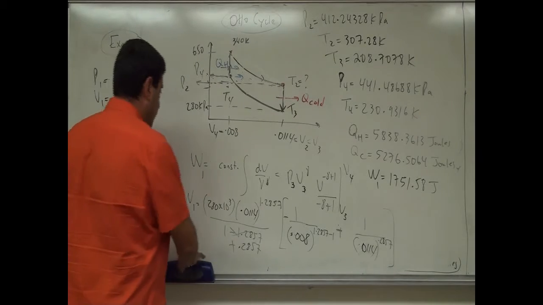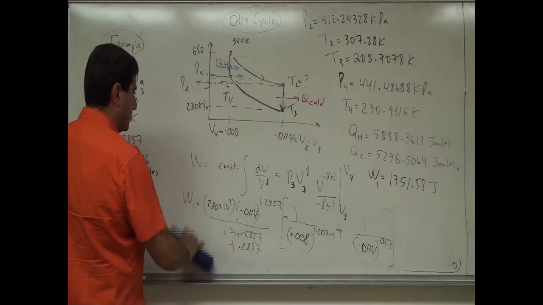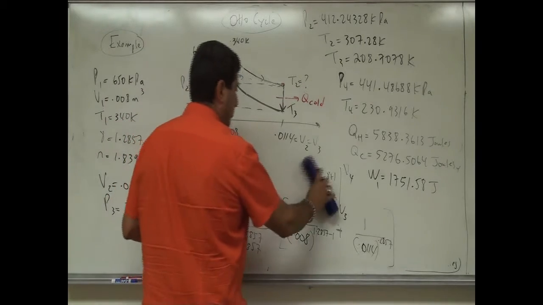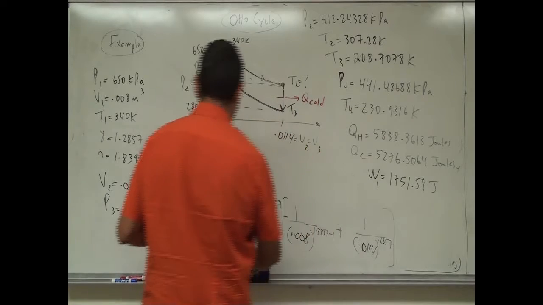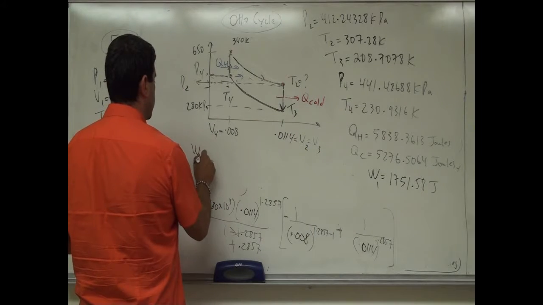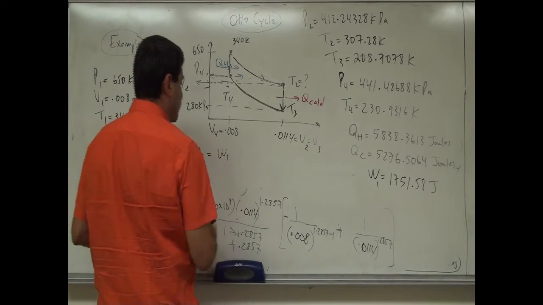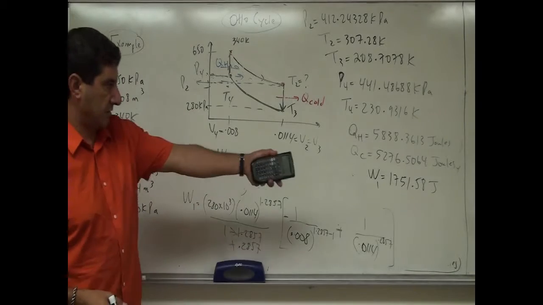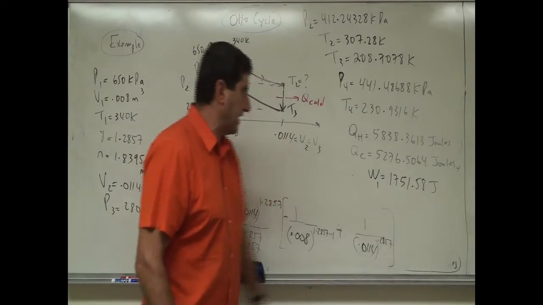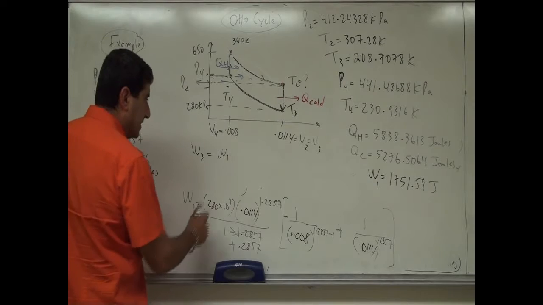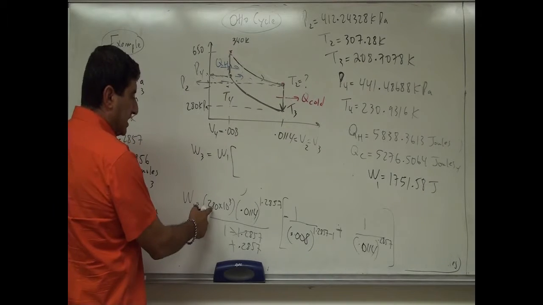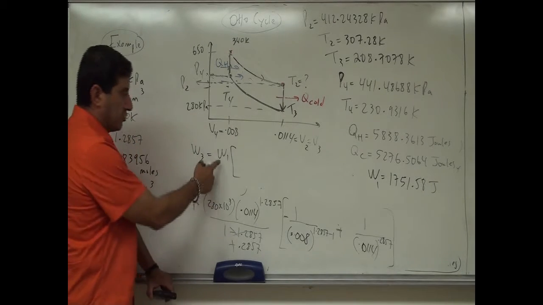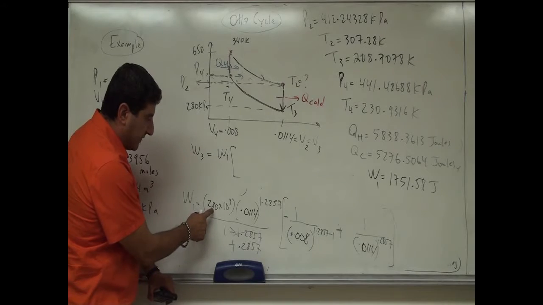I can say the work in stage 3 is more like a ratio thing. It's going to equal whatever the work in stage 1 was, which is the 1751.58. But I'm going to divide out, because remember when we calculated the work in stage 1, we had 650 here.